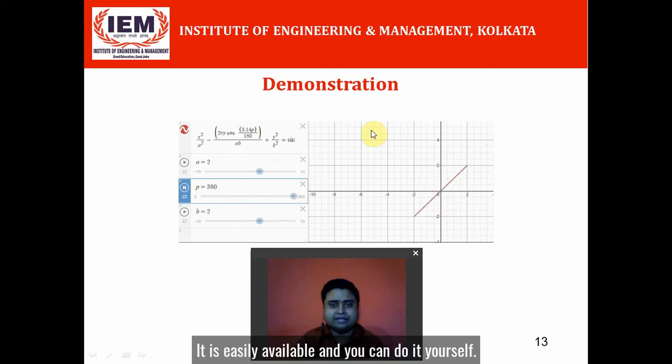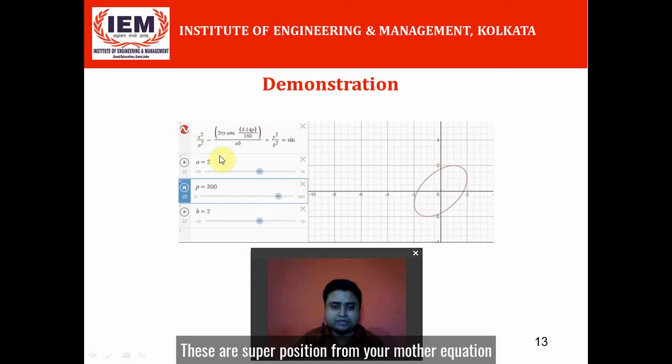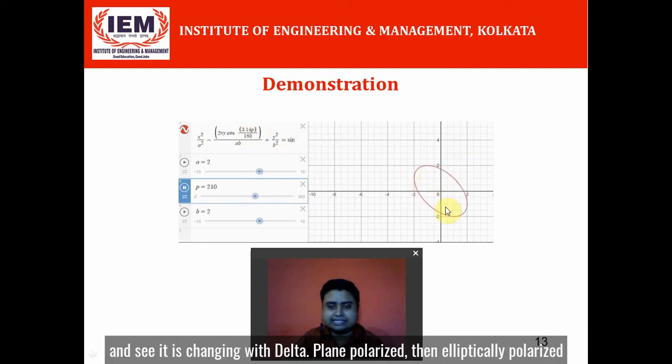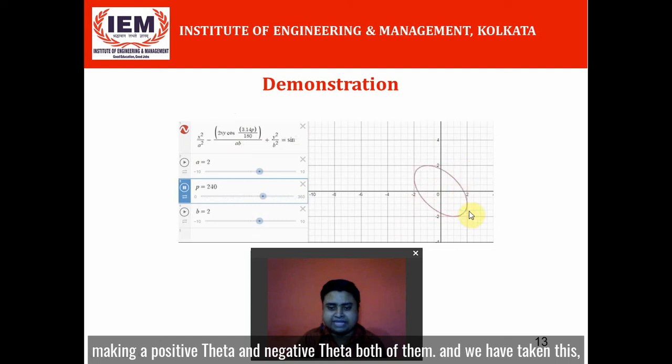It is easily available, and you can do it yourself. So as this delta value is changing, the state of polarization is changing. This is a superposition wave, a superposed wave, your mother equation, and see, it is changing with delta. It is plane polarized, then elliptically polarized, then circularly polarized, then again elliptically polarized, then plane polarized, making a positive theta and negative theta, both of them. And we have taken this.